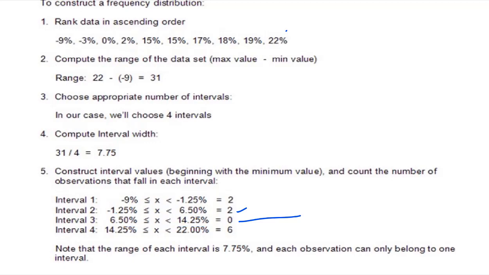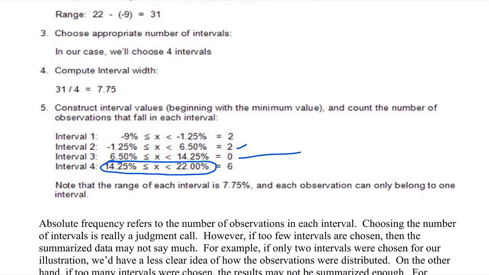And then the final range, 14.25 to 22. You could see that we have all these values right there. And I know I put the less than here, but it really should be less than or equal to 22. That would be a more proper way. But the point is that these four intervals combined will fully account for all the observations.